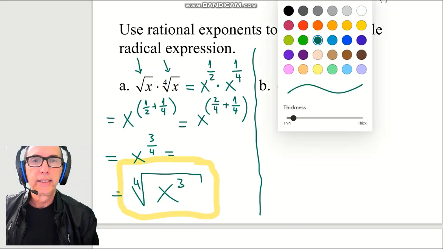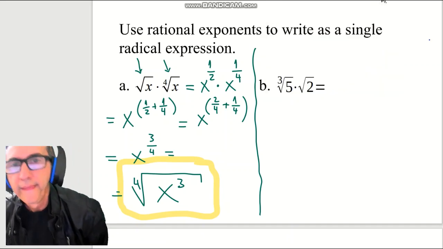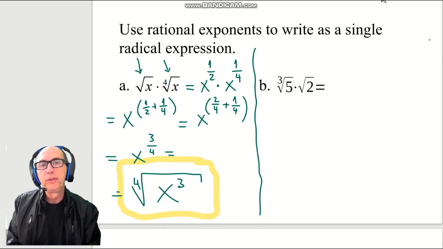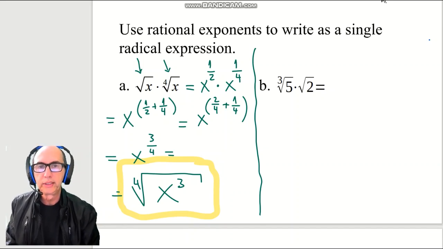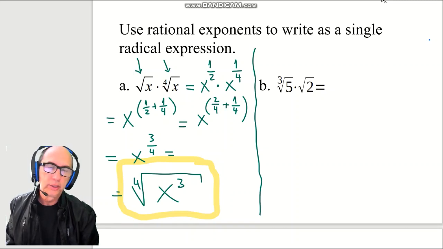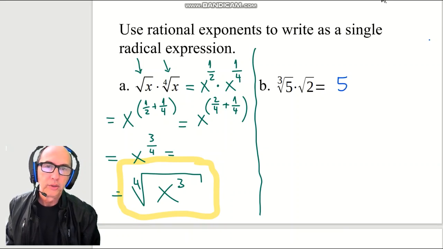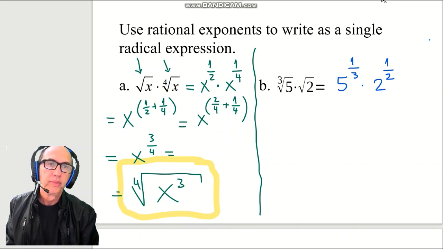Now check the next example, letter B. For letter B, we have to think a little bit because we have different bases. Look, cube root of 5 times the square root of 2. What will be possible? Let's rewrite this as rational exponents. 5 to the 1 over 3 times 2 to the 1 over 2.